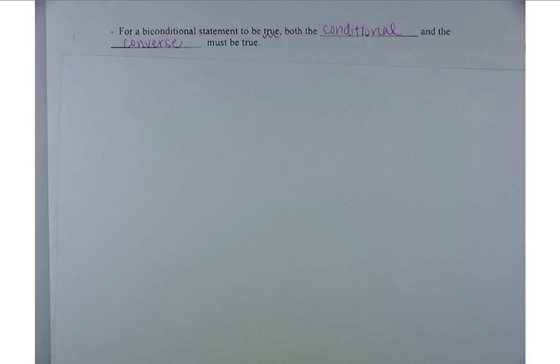Okay, so for a biconditional statement to be true, both the converse and the conditional must be true. So both the conditional and the converse have to be true in order for the biconditional to be true.